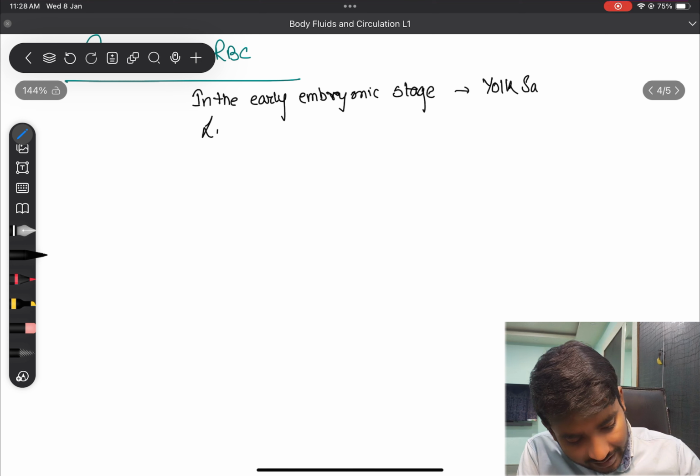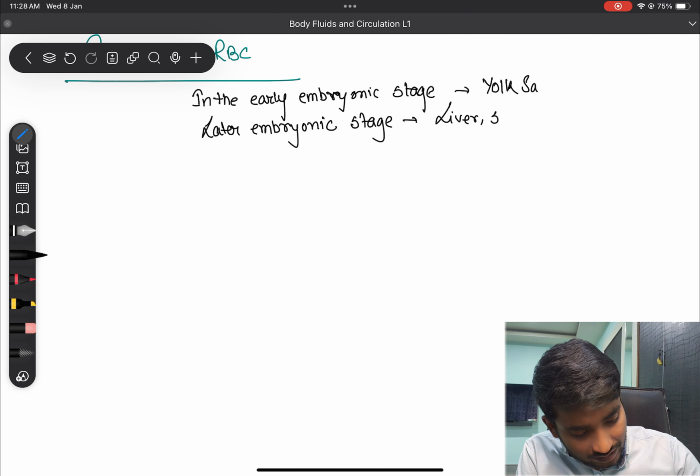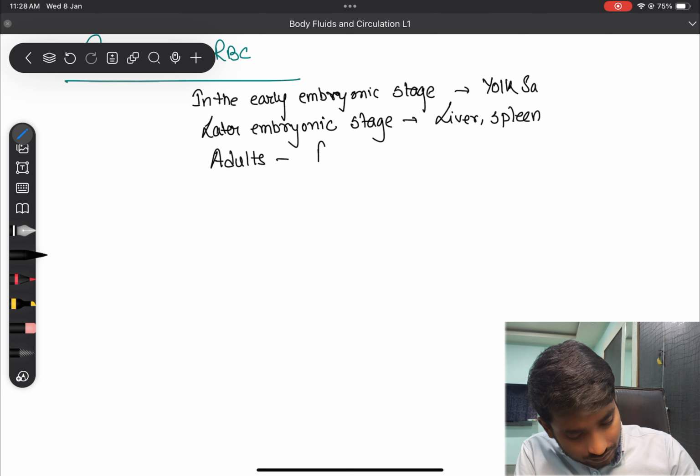In the later embryonic stage, in the liver and spleen. In adults, in the red bone marrow.